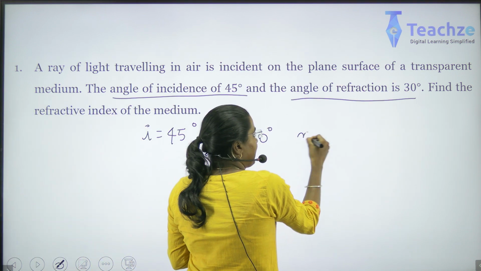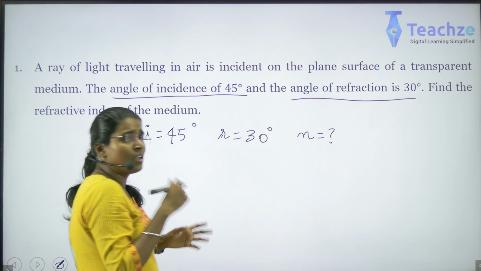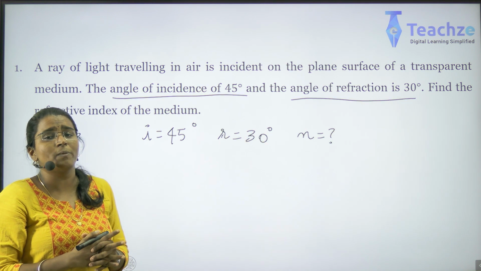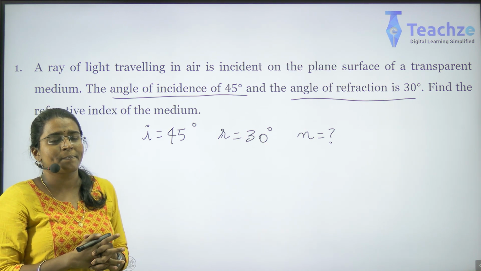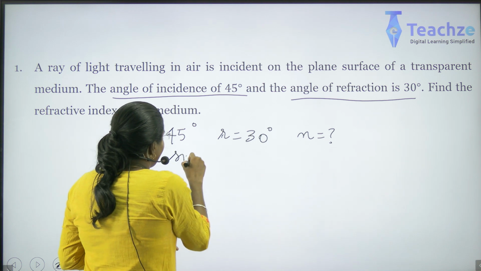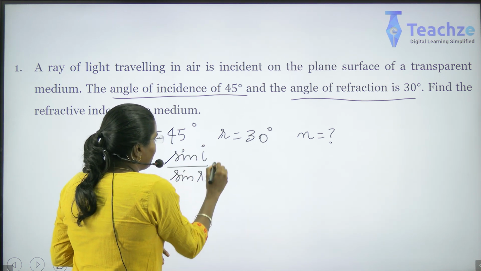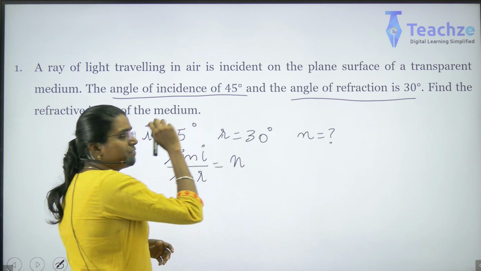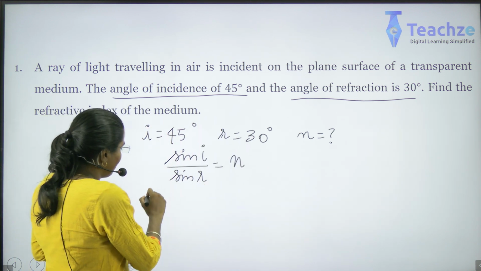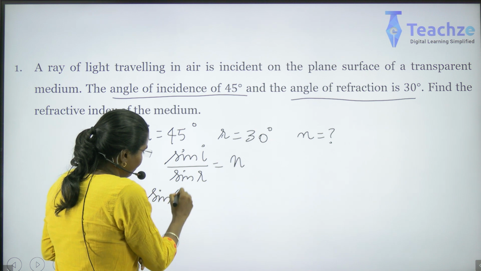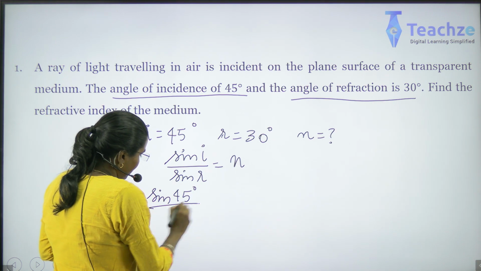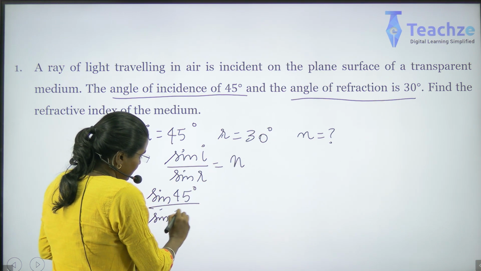So I can write N. How can you find it out? What is the formula? Good. Sin I by sin R will be N, the refractive index. So what is sin I? Sin 45 divided by sin 30.